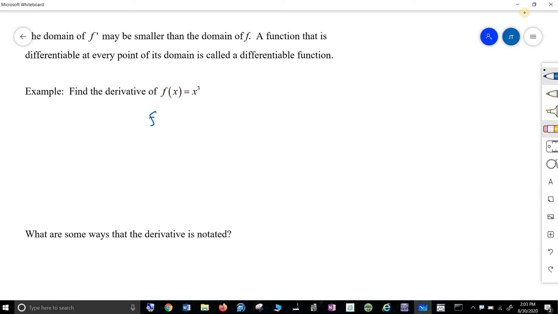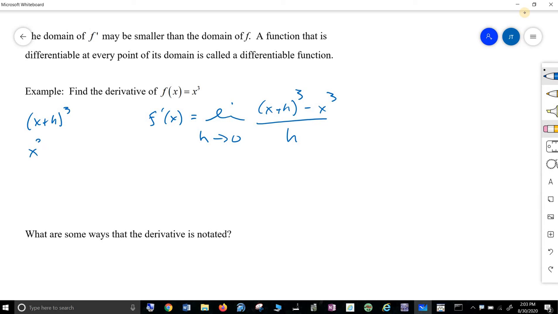So f prime of x is, we'll do it the long way, limit as h goes to 0, (x plus h) to the third minus x to the third over h. (x plus h) to the third is... nope, I don't have it off the top of my head.